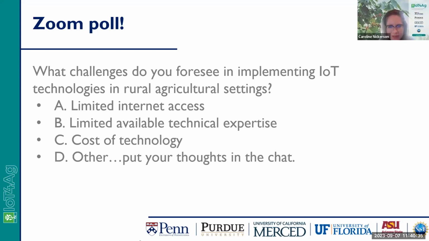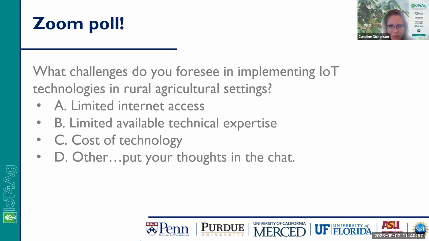Yeah, that seems like a biggie for sure. So don't be shy about putting in your others in the chat too, and pick the one that you see is the biggest challenge potentially. Or of course, we also encourage you to put your thoughts in the chat. So I'm going to end the poll in 3, 2, 1, last chance. All right, end poll, and we'll share those final results.